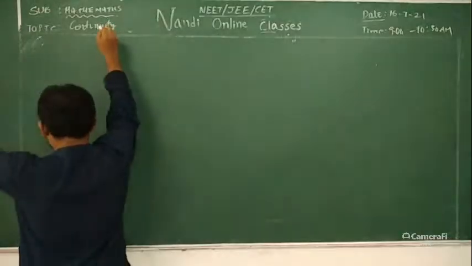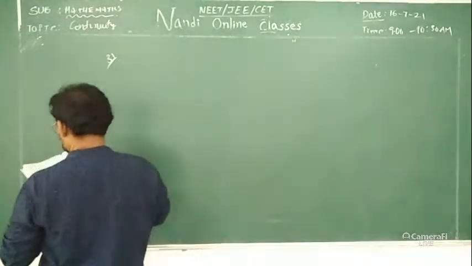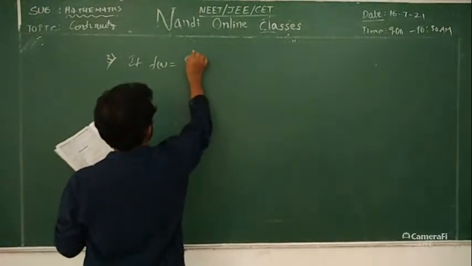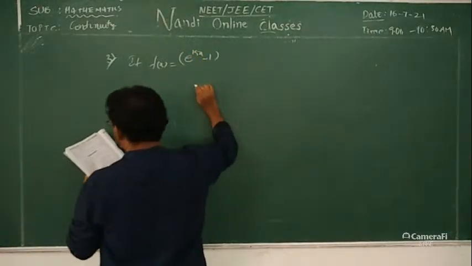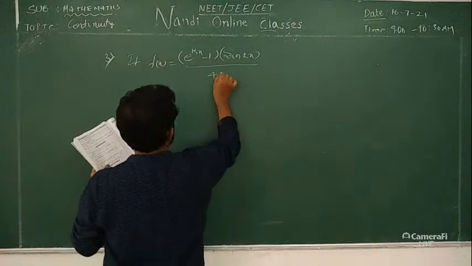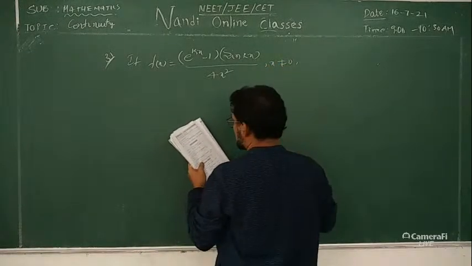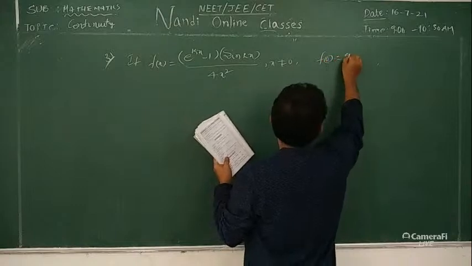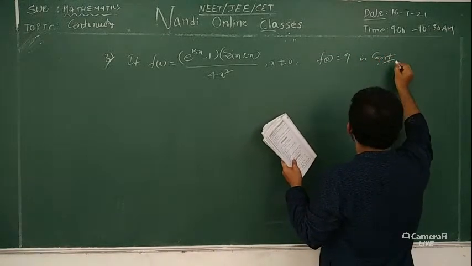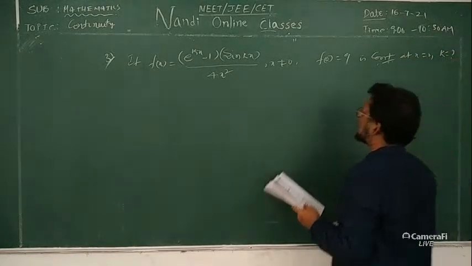Third one. If f of x is equal to (e power kx minus 1) into sin kx divided by 4x square, where x is not equal to 0, and f of 0 is equal to 9, is continuous at x is equal to 0, then find k value.